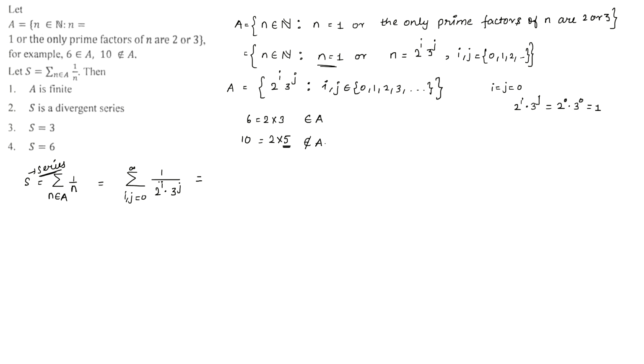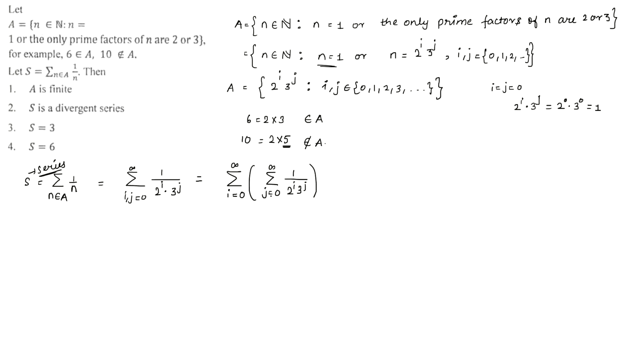Now we have to find the sum of this series. Let us first do the summation over j. So this is the sum over i from 0 to infinity, the sum over j from 0 to infinity of 1 by 2 raised to i into 3 raised to j.